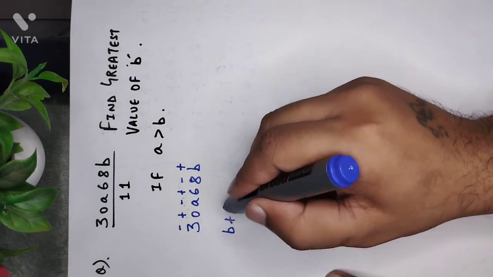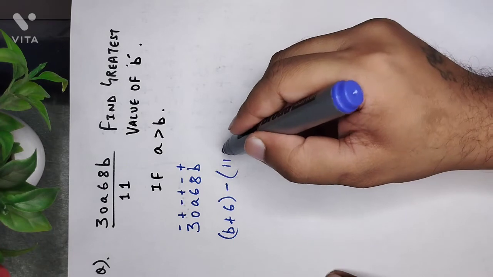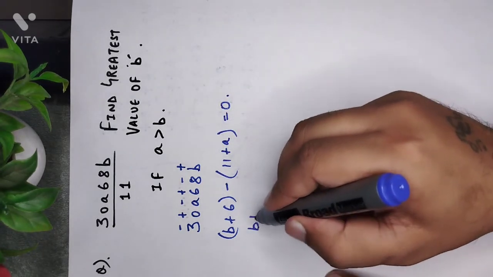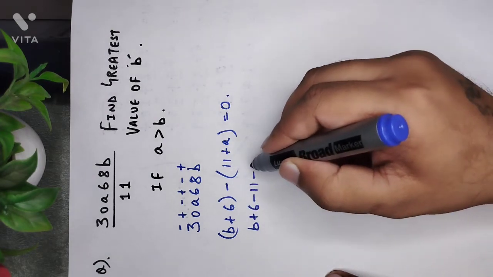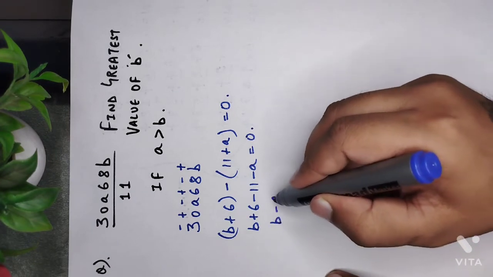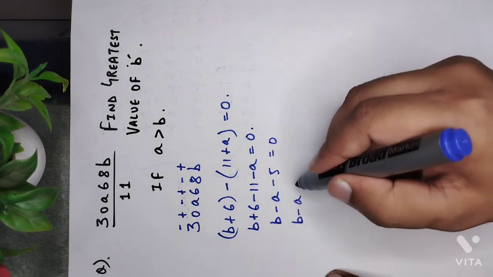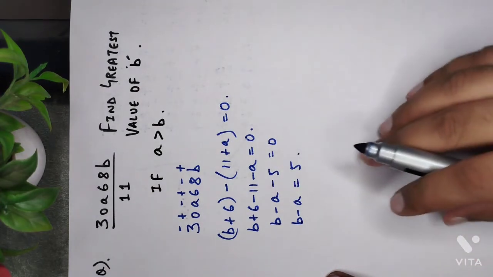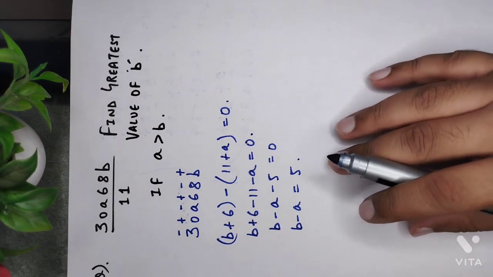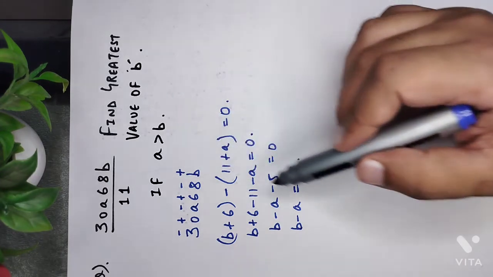Now we can write this one as, now we got this as b minus a is equal to 5. Now it is already given to us that a is greater than b.